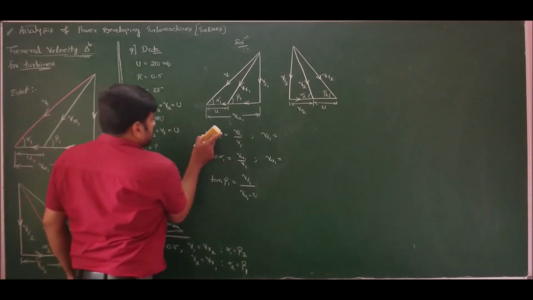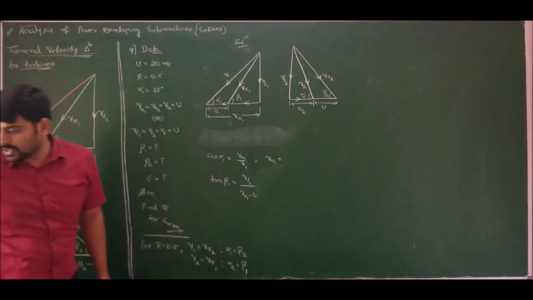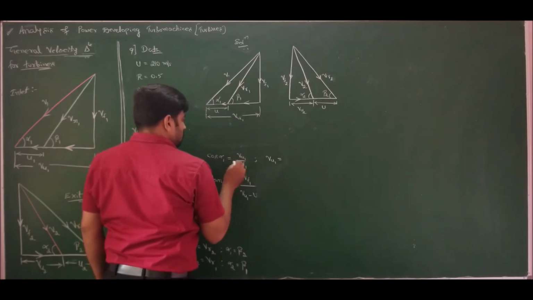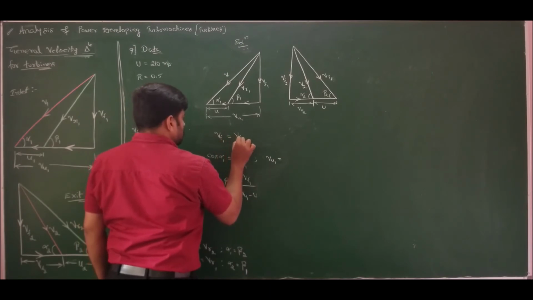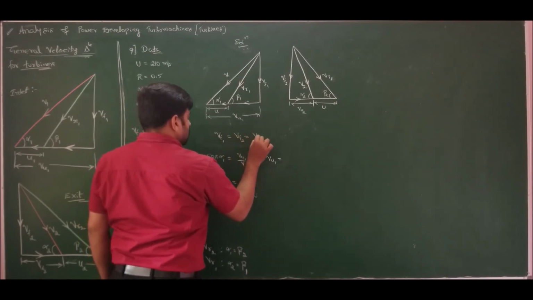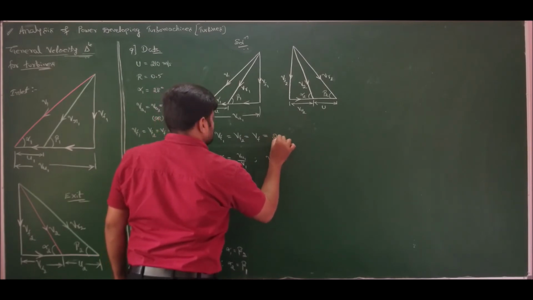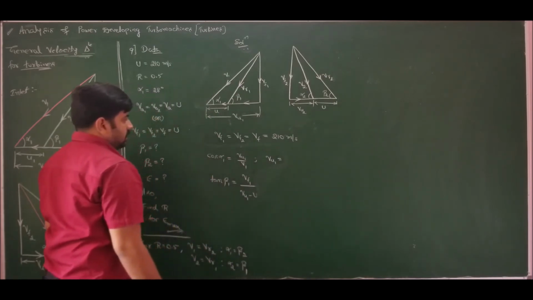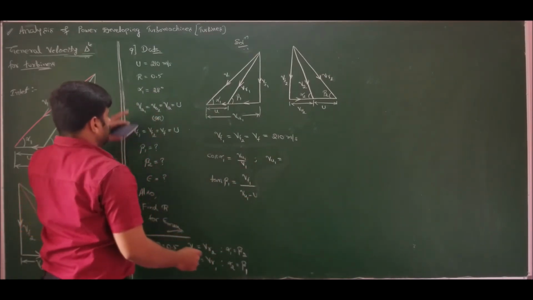Vf1 is equal to Vf2, which is equal to Vf, all equal to U, which is 210 meters per second. Now use cos alpha 1 to find Vu1. Alpha 1 is known, 28 degrees.